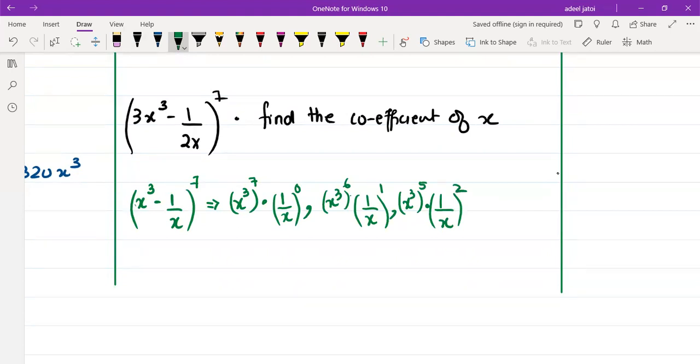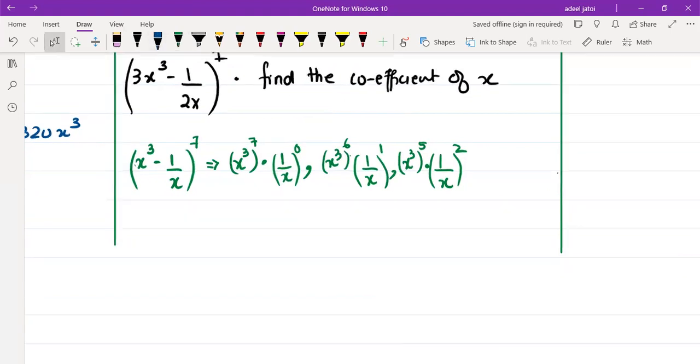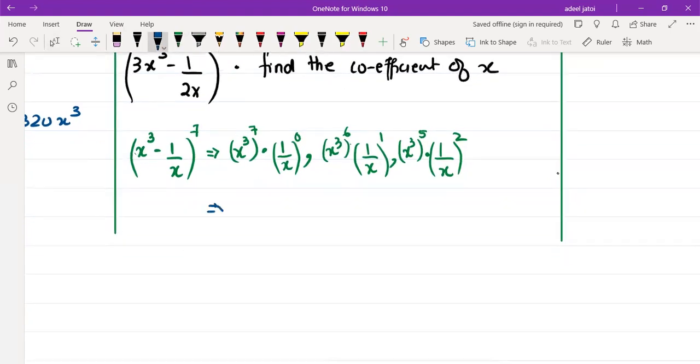I opened till 3 terms. You can even do it with 2 terms, that really does not matter, but let's open it till 3 terms to make things easier. We see that your first value is x to the power 21 multiplied by x to the power 0. So the answer for this is x to the power 21.